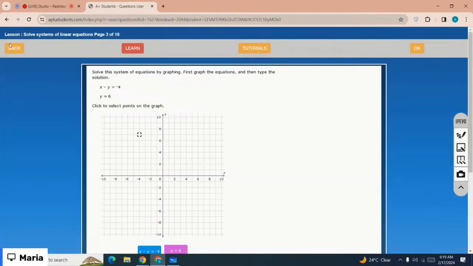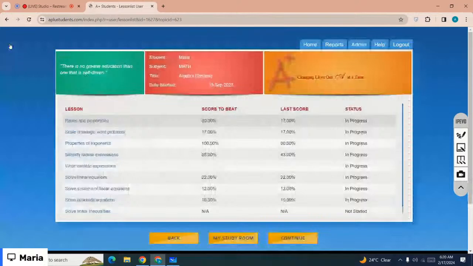Let me just move on to the next lesson, and the next lesson is solve quadratic equations.